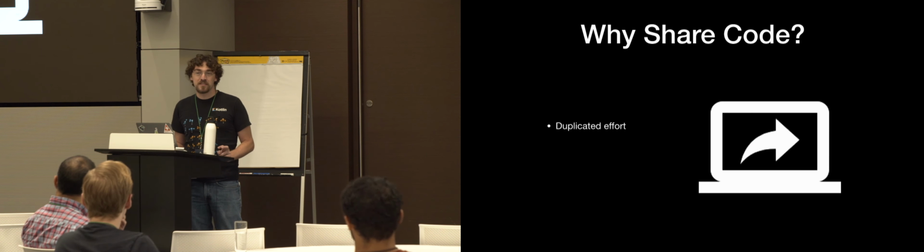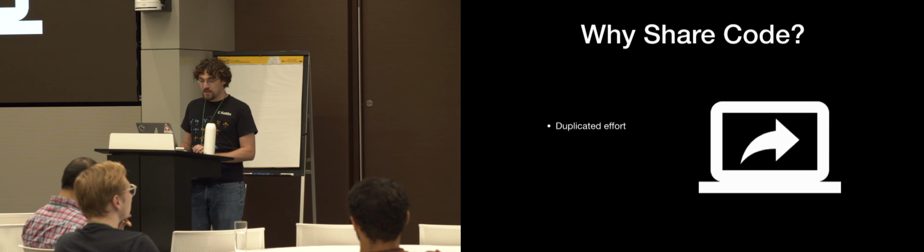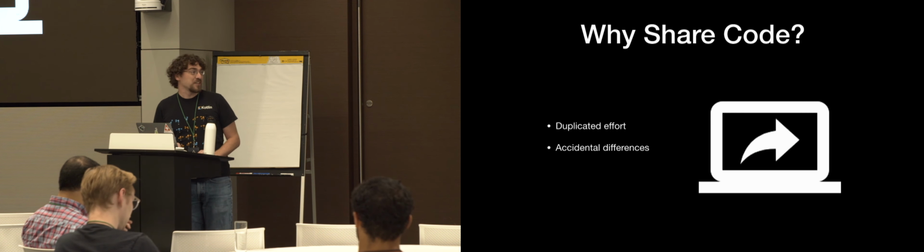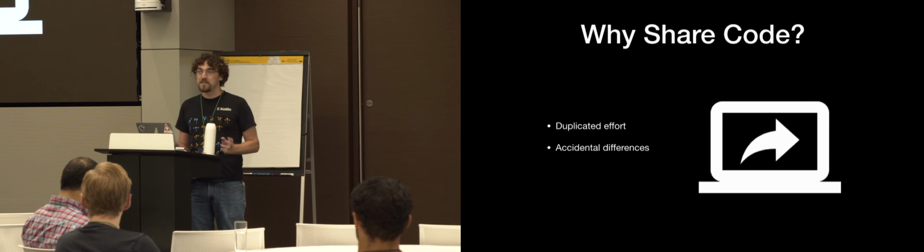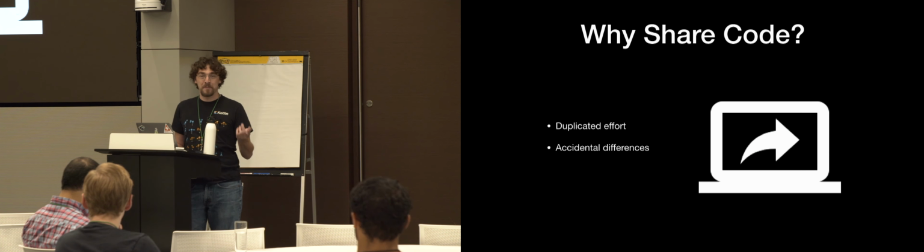You have two teams solving a bunch of the same problems and building twin UIs. You also get accidental differences, where each team might interpret some acceptance criteria slightly differently, leading to a product owner coming back to you with a bug that says, why doesn't the Android app do what the iOS app does?